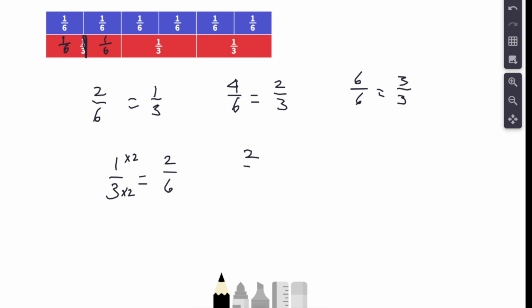So likewise for 2/3 to 4/6, 2/3 will have 4/6 because you have 1/3 that has been cut into 2/6 and another 1/3 that has been cut into 2/6. So 2/6 and 2/6 will give you 4/6. And then if we have another third, that means there will be another 2/6. So altogether there will be 6/6.